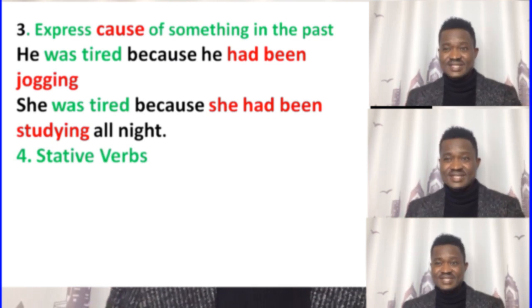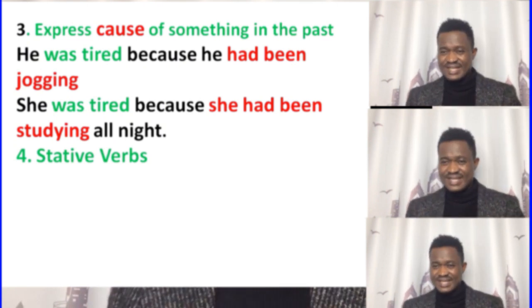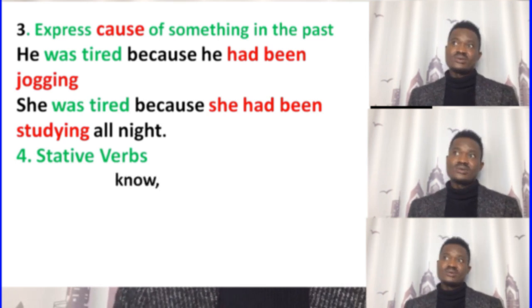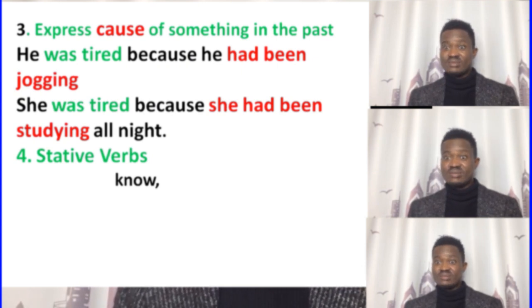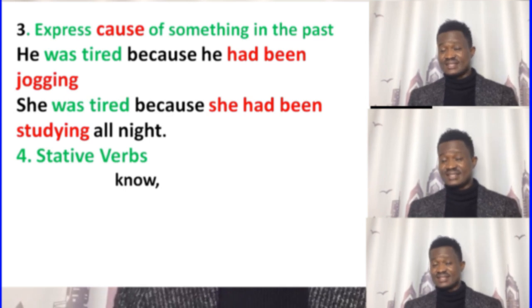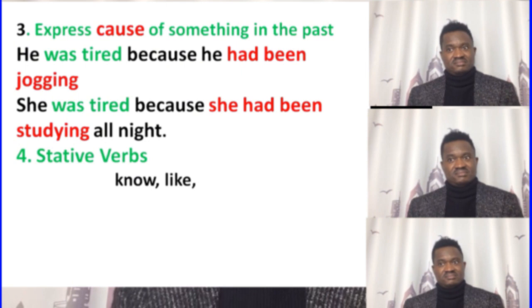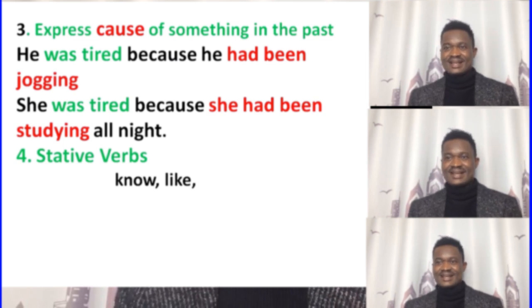So we never use a stative verb in any progressive, and in the past perfect progressive we don't use any stative verbs. Stative verbs like know, although know can also be a dynamic verb. We can use it by saying knowing, but the meaning will change. Like doesn't express action. Some people say, "I'm liking it," but that is informal English.